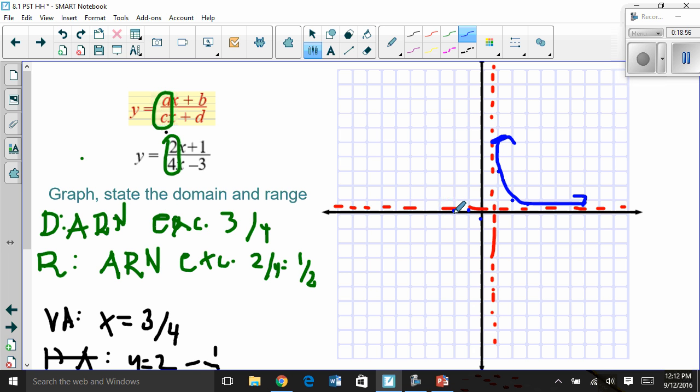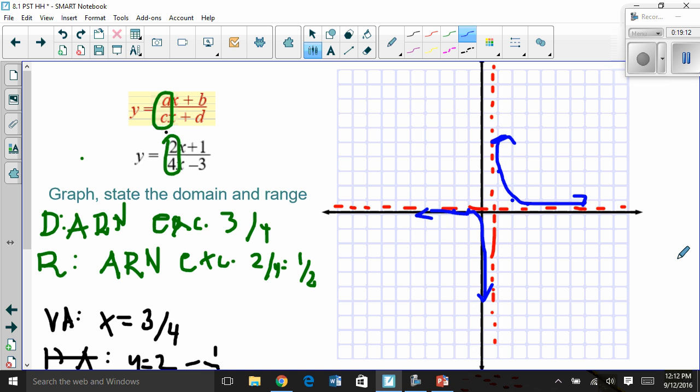So we got -2 up to that 0.2727. And again, my asymptote is off a lot because I'm using my mouse. So again, yours will look better than mine.